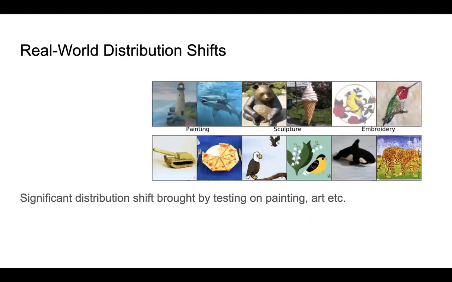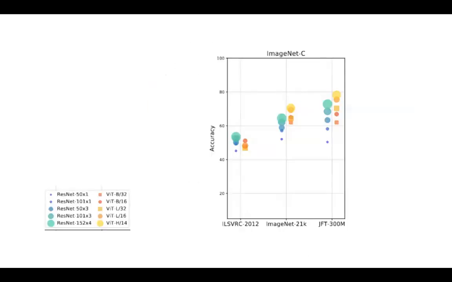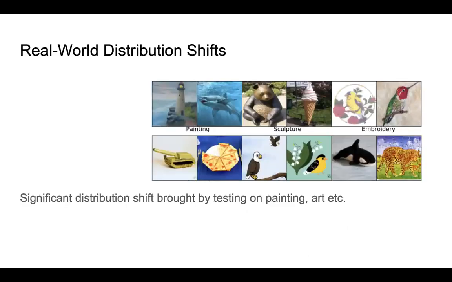So now comes real world distribution shifts. These types of distribution shifts are simulated by this data set, ImageNet R, where we see, even though this is a sculpture of a panda and it's not a real panda, we as humans can easily recognize that this is a panda. So we expect our computer vision model to also recognize that this is a panda.